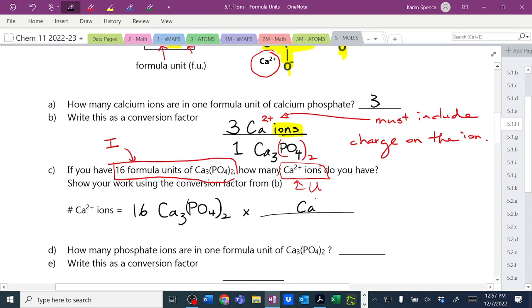Calcium ions. And on the bottom goes the calcium phosphate formula unit, 1. And there are 3 calciums for every one of those. And so what do we get as our number? What's 3 times 16? Is that 48? Cool.